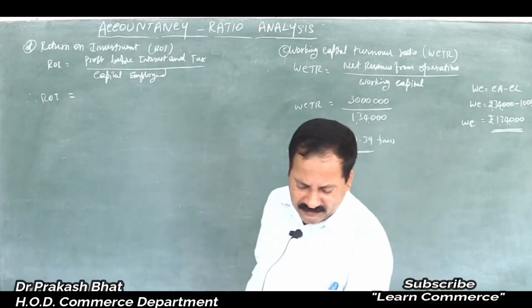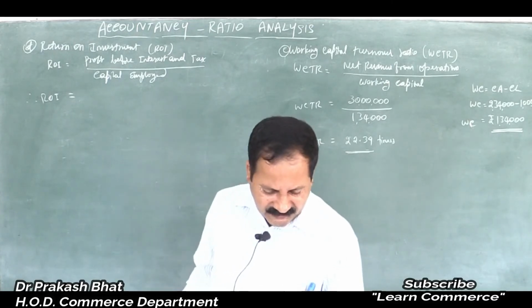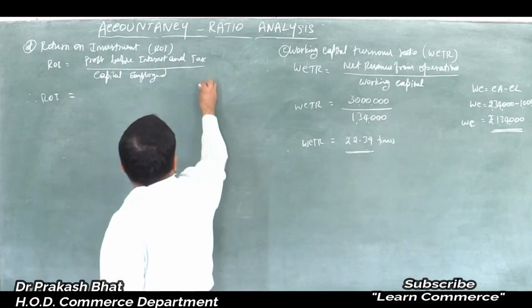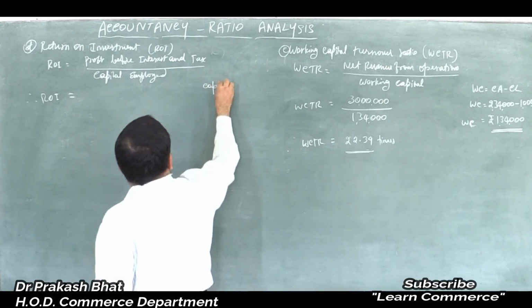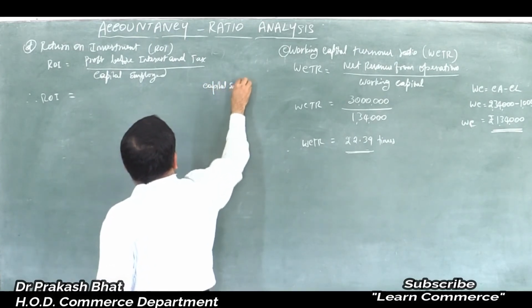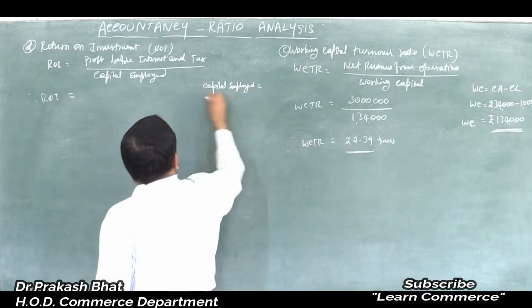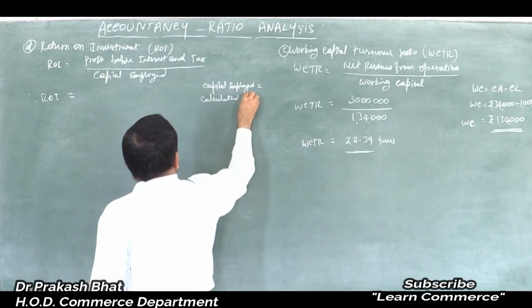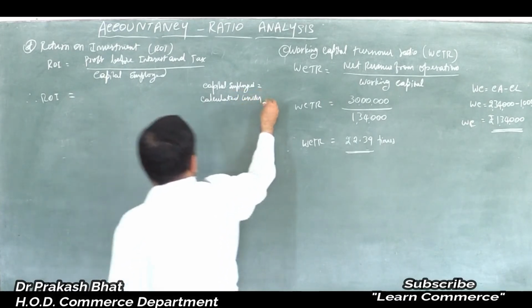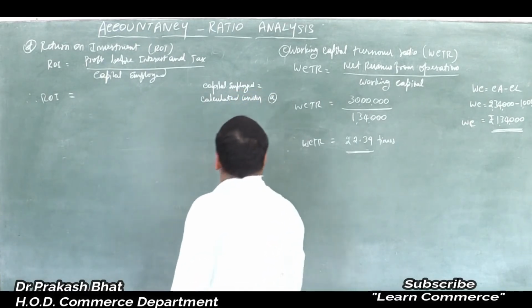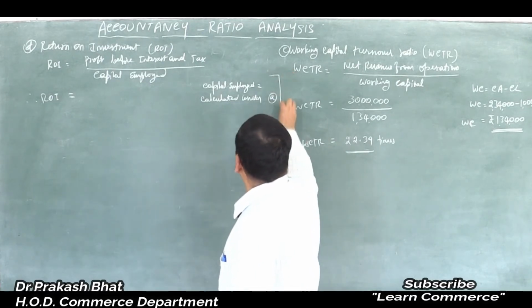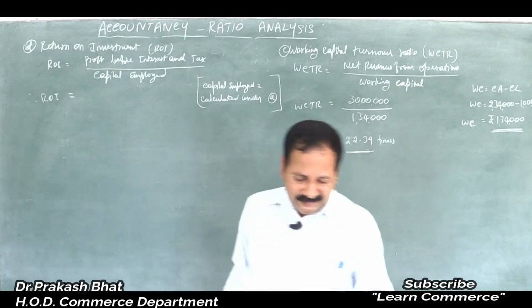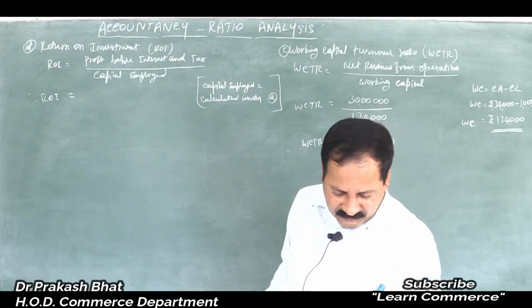We have already calculated that under point A. So capital employed is 10,84,000 rupees.